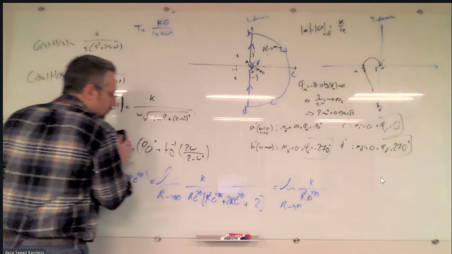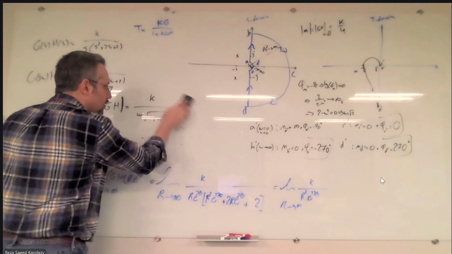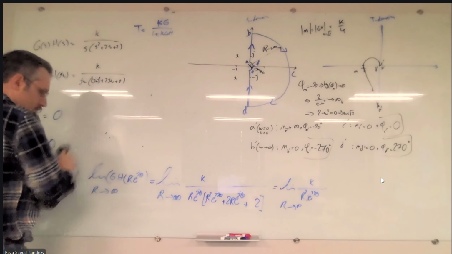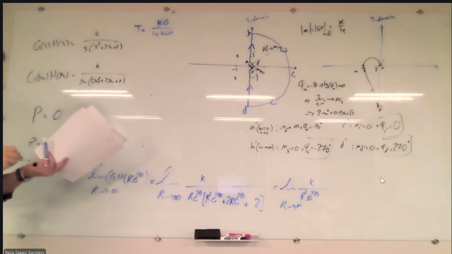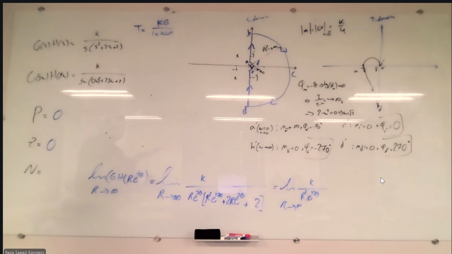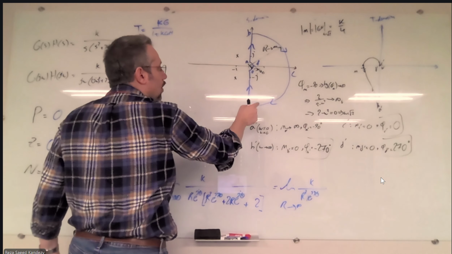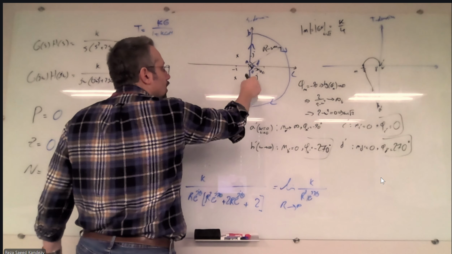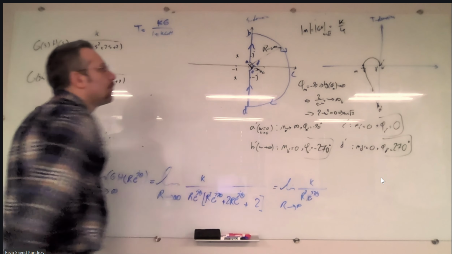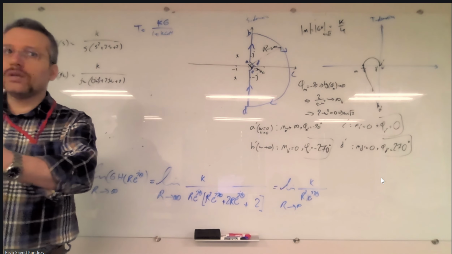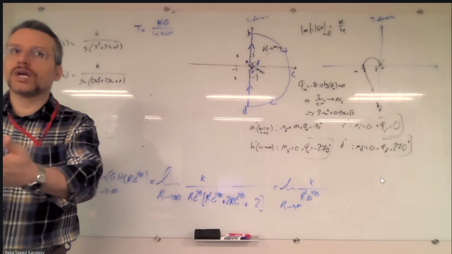Now, I'm going to erase this because I need the space. What we have done so far is A, B, C, D. Now we need D to E and then E to F. Now, we said Nyquist is simply a symmetric kind of contour.